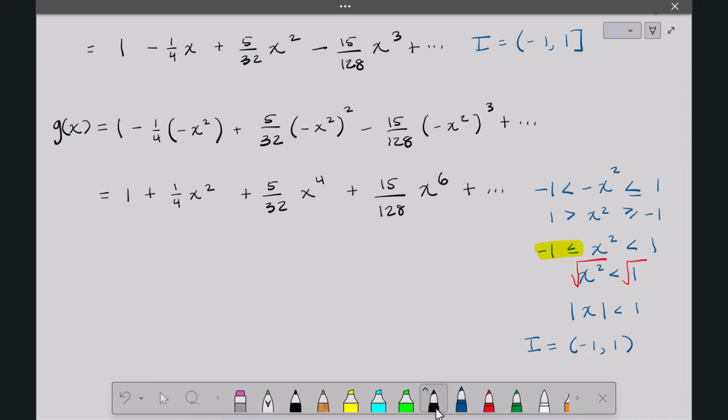Now we can also get at this graphically. If we think about x squared as a function, so y equals x squared, y equals x squared looks something like that. I'm going to label some points here. And the question that we're answering is, when is x squared between -1 and 1?